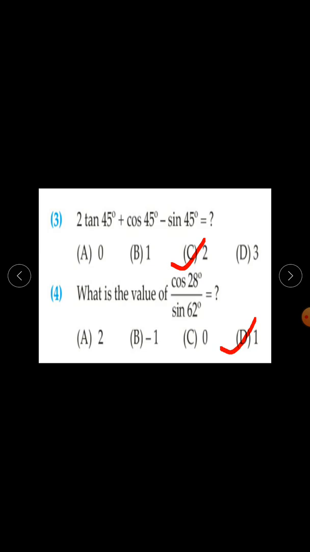But sin 90 minus 28 is 62 degree. So sin 62 degree upon sin 62 degree is 1. First option is 2, second is minus 1, third is 0, fourth option is 1. So cos 28 upon sin 62 degree is 1. So D option is correct, that is 1.